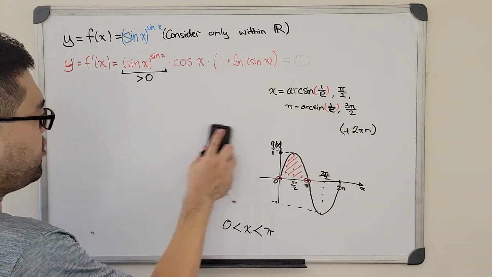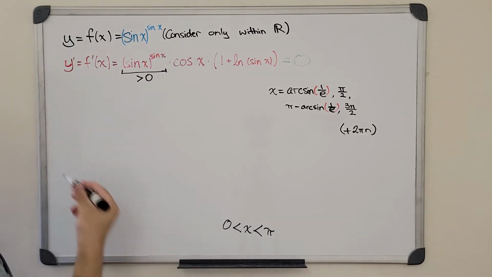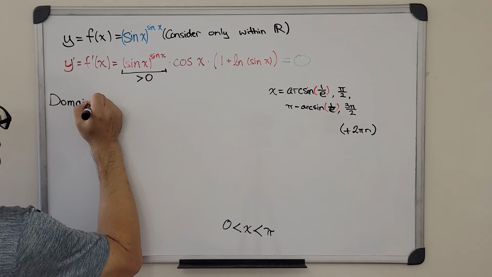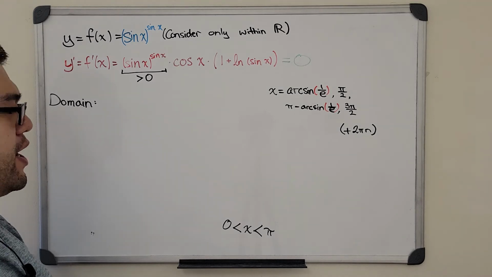Therefore, now we actually can answer our first question, which is the domain of this function, y equals f of x, which is equal to sine of x all raised to the sine of x power.